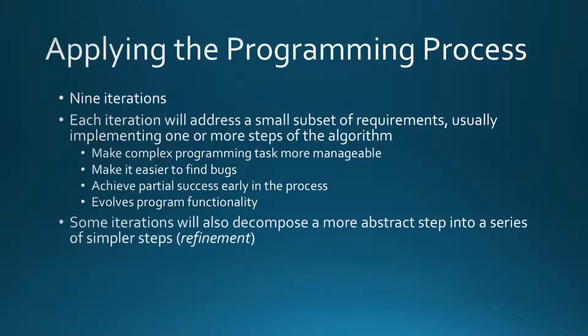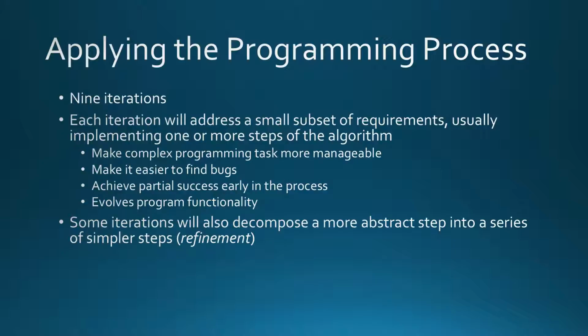Now, some iterations will also decompose a more abstract step into a series of simpler steps. That is, not all steps of the algorithm are at the same level of detail. Some mention Java constructs explicitly, and some, like step 11, mention a whole lot of things. That's written at a very high level and is going to result in lots of Java code to be written.